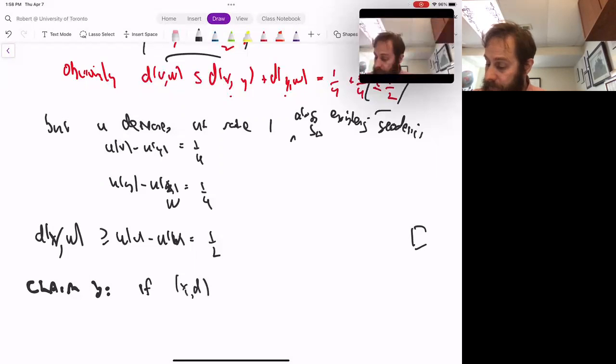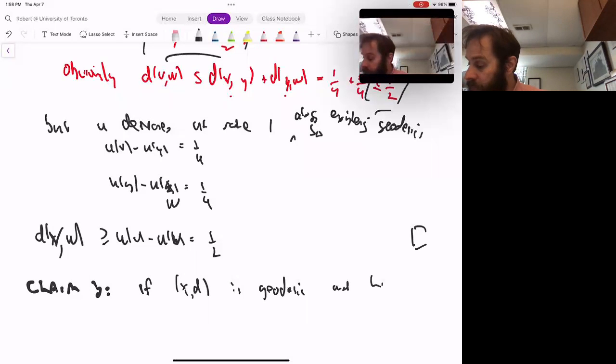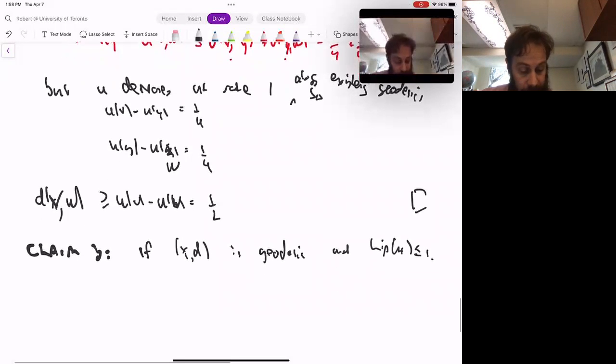If I have a Polish geodesic space, and as usual, I have a Lipschitz function with Lipschitz constant less than 1.